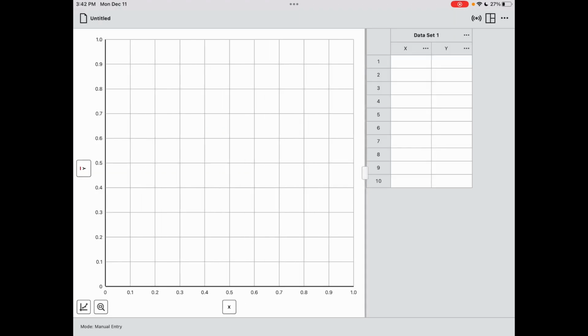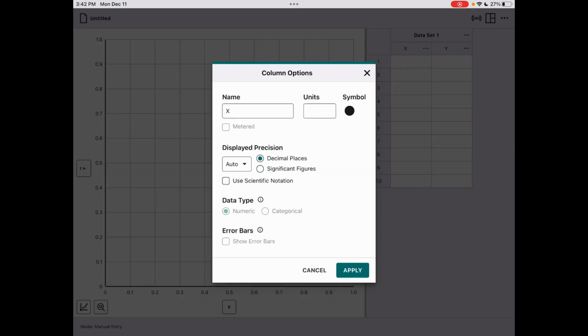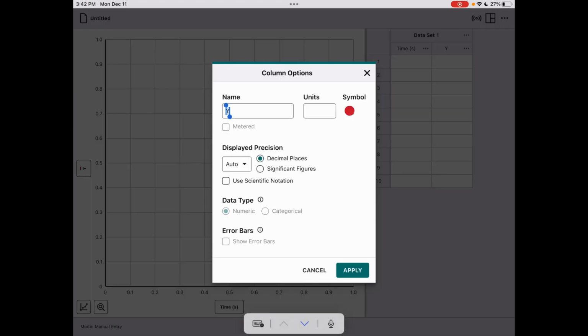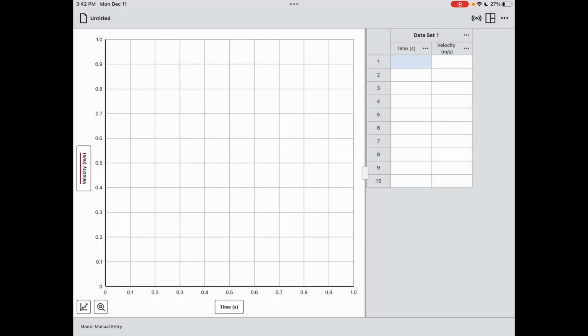Still manual entry. Time is still on the x-axis, measured in seconds, and the y-axis this time is the velocity, in meters per second since we measured our distance in meters and our time in seconds. Now I'm going to enter in my data.